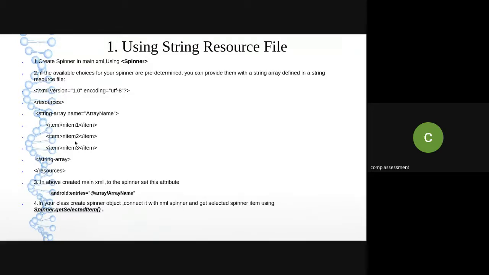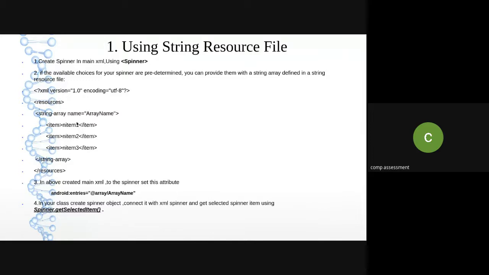So if I want to add, for example, the size and use a spinner to change the size, for changing the size I'm adding the values as 25, 35 and 45. So how can I add it in the string.xml file? I will create string-array, then name equals, I will give f size as the array name, and then I am adding item 25, item 35.